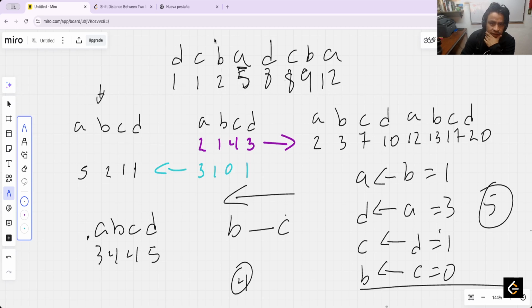In this case, if I want to move between B to C, or B to A. No, in this case I think that is a positive.